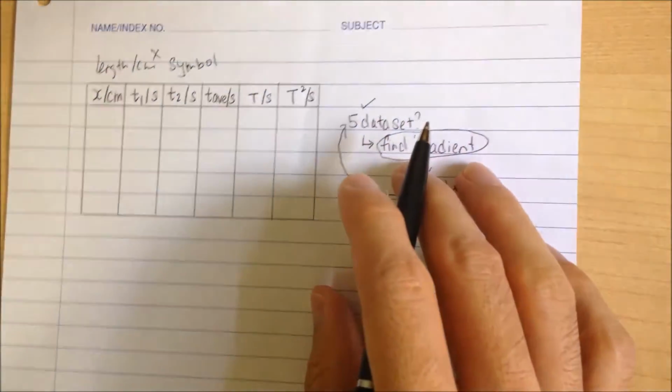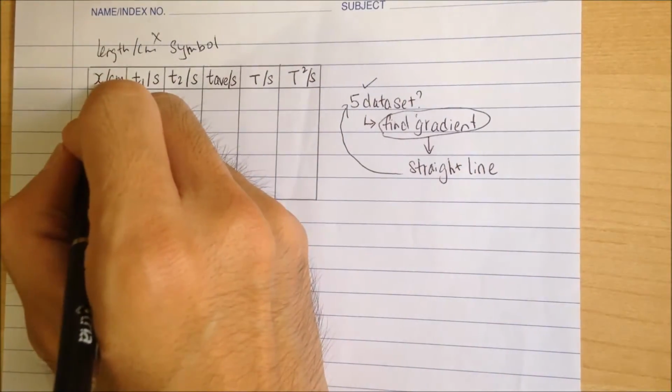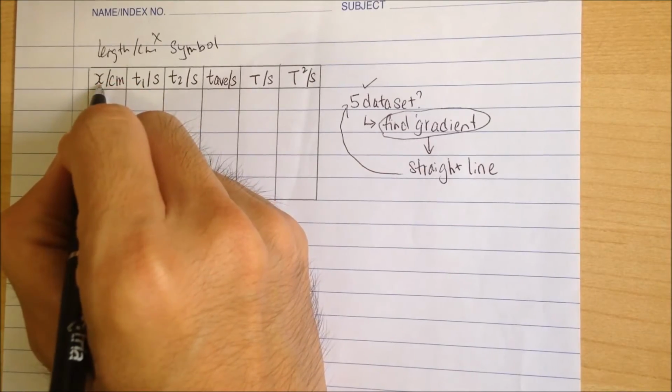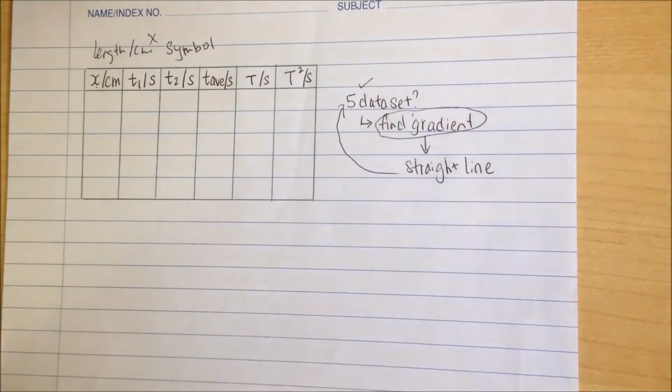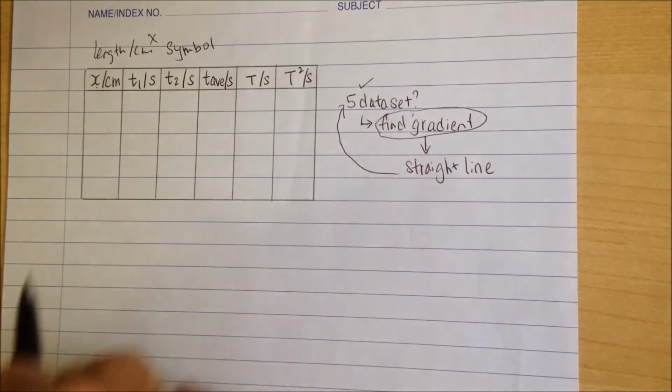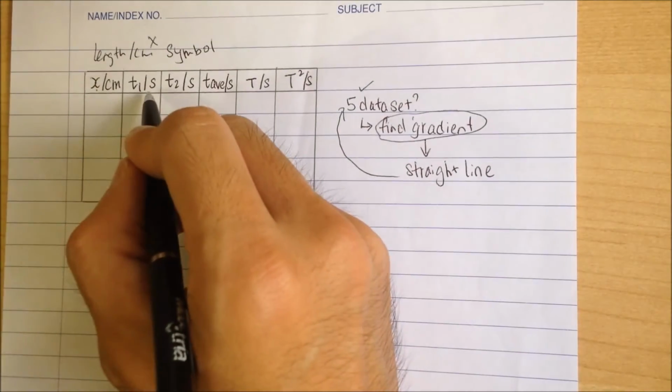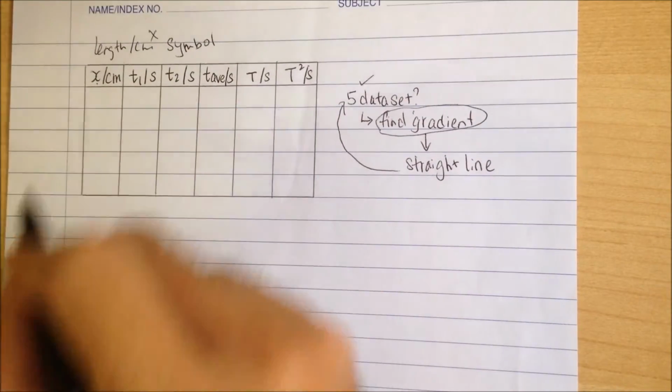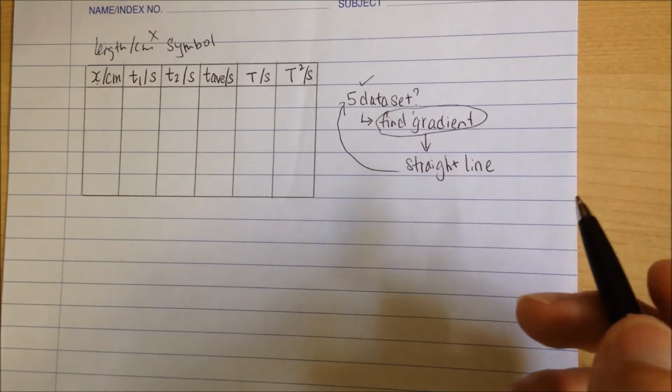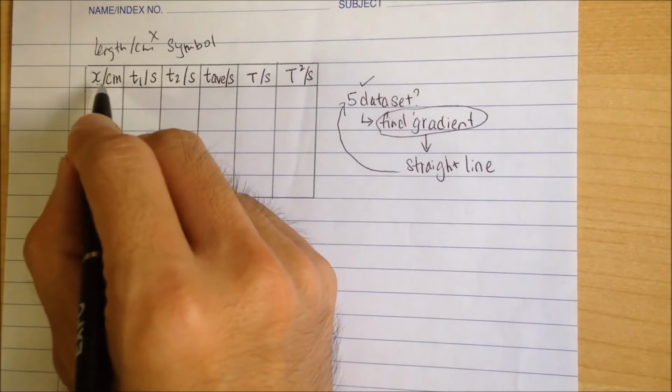So if the question says that it is length x, you must write x, that's it. Do not write length x. If they say time t1, you must put t1. Do not put time t1. Okay, so this is how you present it.